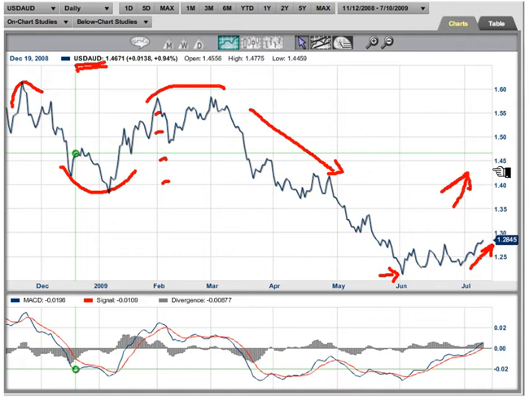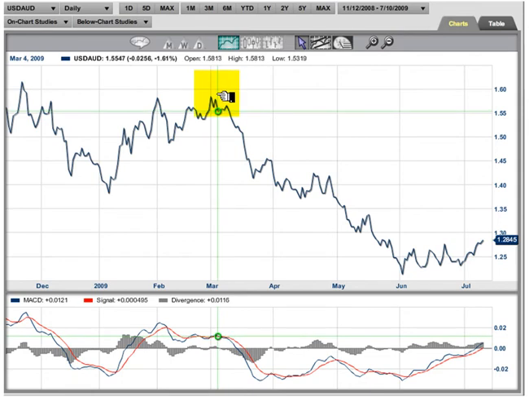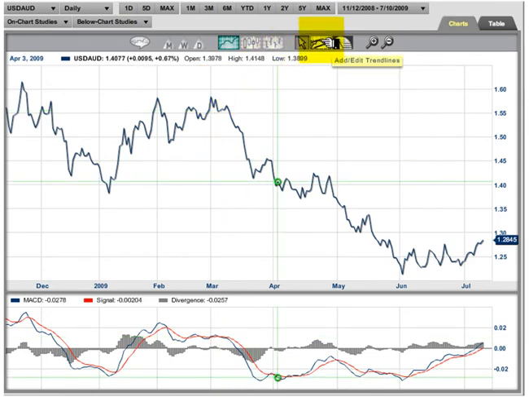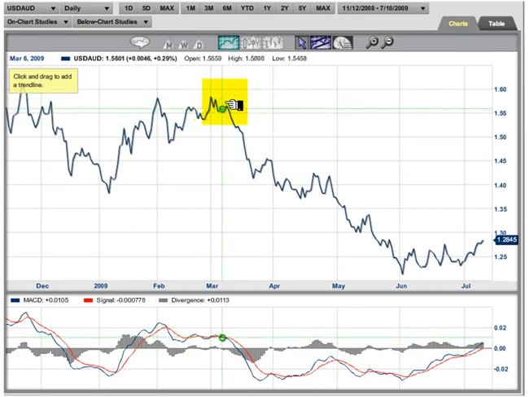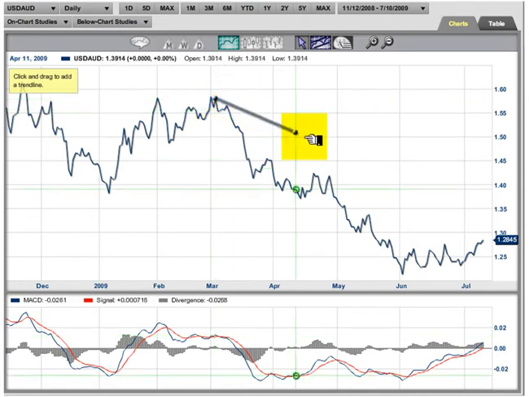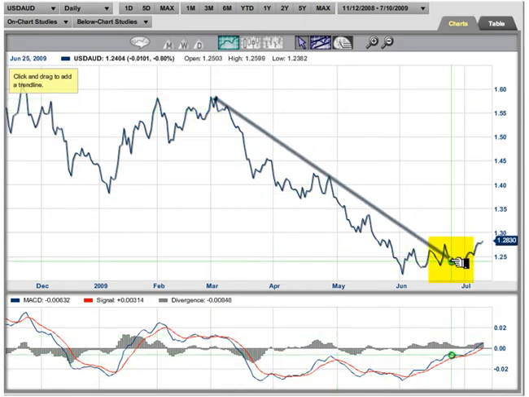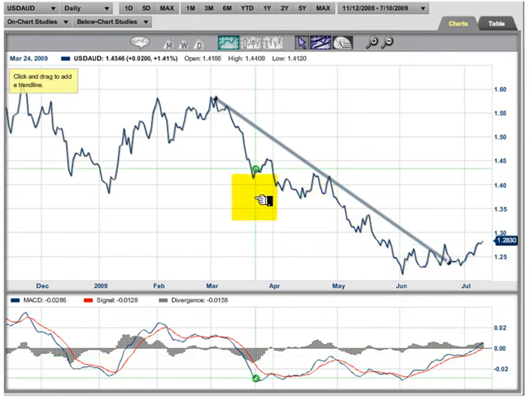So let's take everything off the screen, and I'm going to put in a trend line. It's easy to do with Market Club. We're using Market Club charts here, and this is a close-only daily chart of the Australian dollar against the US dollar. So I'll draw a trend line here, and that's pretty good. It matches where we want to be.